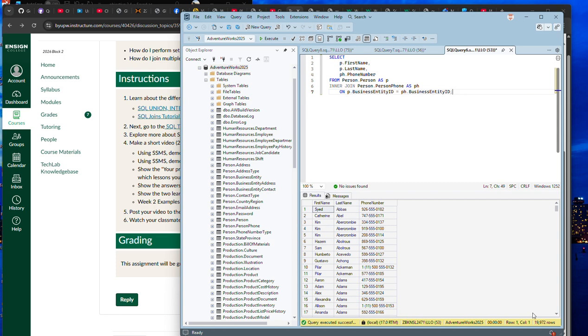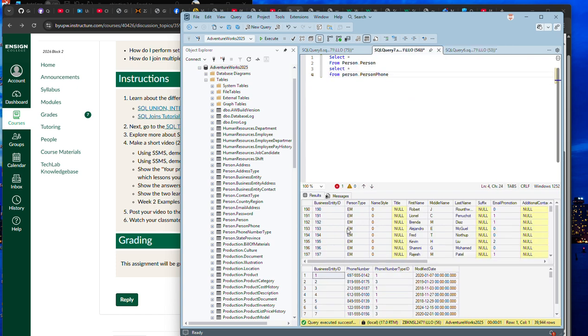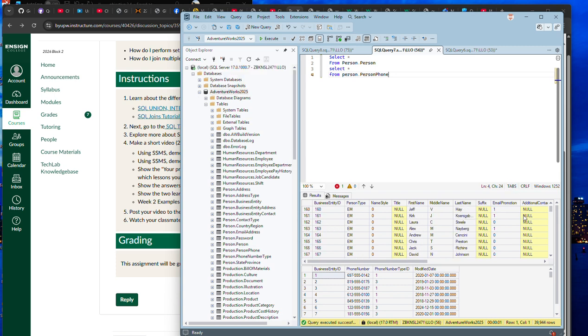If you look here, we're getting about 18,972 rows. We're able to get that because the BusinessEntityID is what is common in both tables. When you look at the two tables, you find something very interesting, because the business entity ID is numbered from 1 up to about 20777.